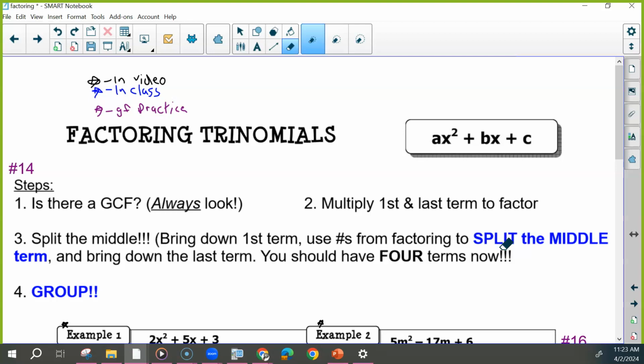So I'm going to talk through the rule or the how to do this first, and then we'll do some actual examples. So with all of these problems, make sure you're looking for a GCF, because that might help you in the beginning so you don't have to worry about bigger numbers later. Then we're going to multiply A and C together.